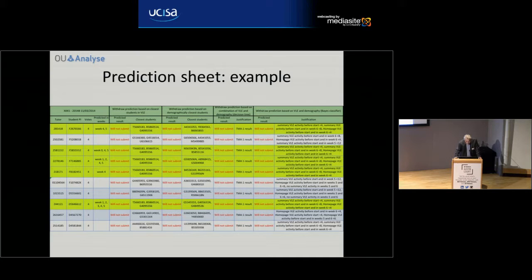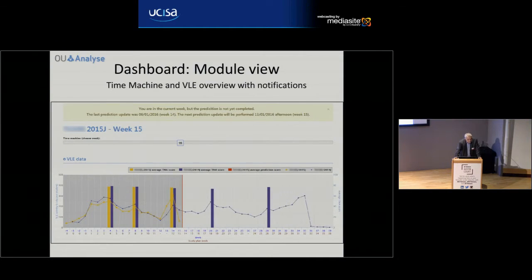Now, obviously Excel can do the same, but in addition to that we built a dashboard, and this dashboard consists of a number of views. This is a module view. As you can see, on the top is the time machine.